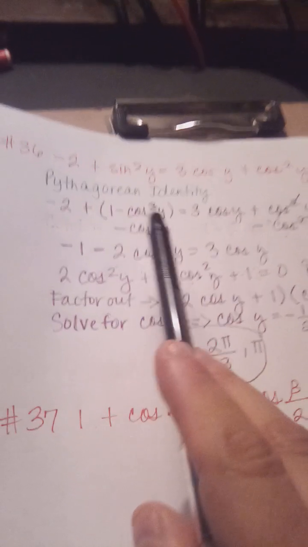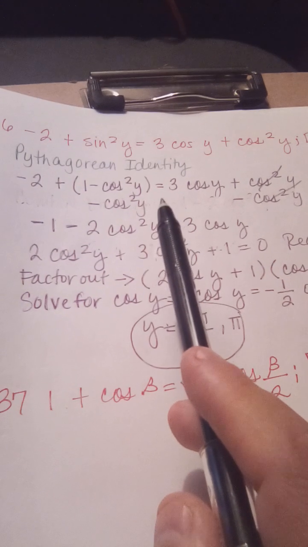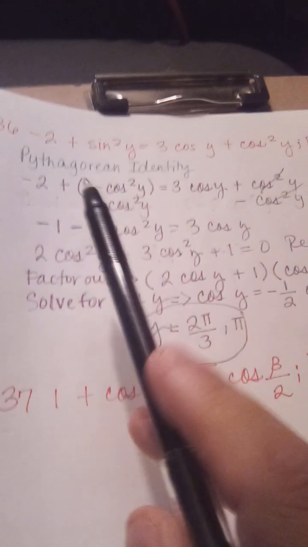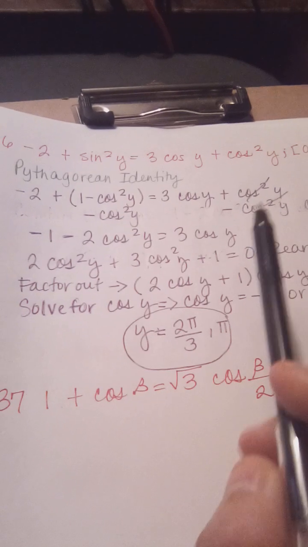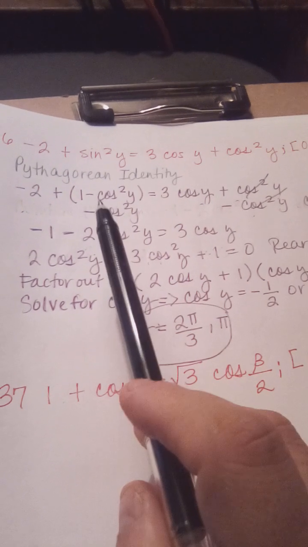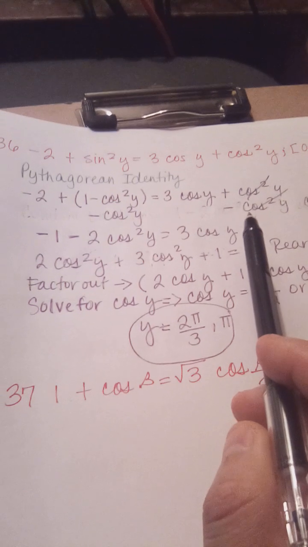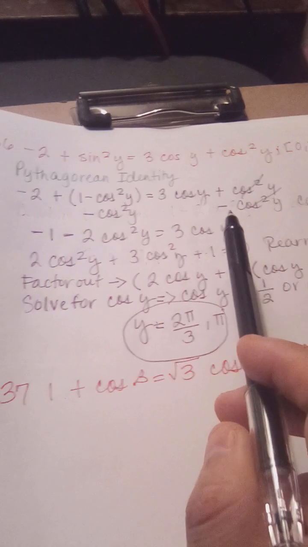Let's review which steps you're missing. Make sure you use the Pythagorean identity. Then this part will come up. You have to subtract cosine square from the right to the left, and the right side will cancel the cosine square y.